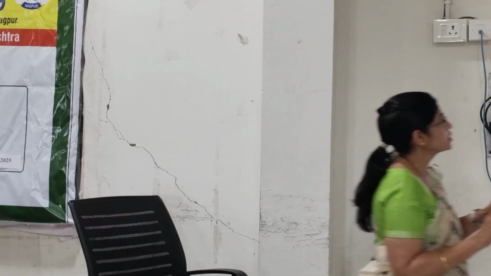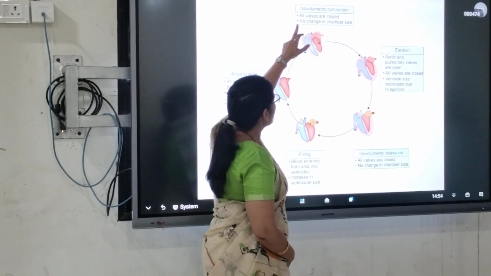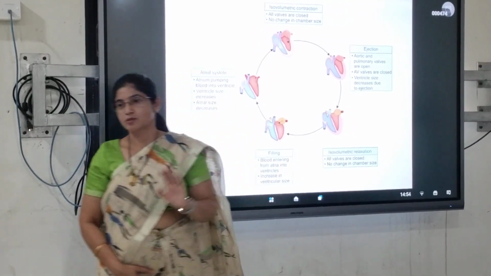The semilunar valves are not yet opened, so your ventricles act as a closed chamber. So this is the isovolumetric contraction. It means atrial depolarization is already there and the ventricles are now in the depolarizing phase.